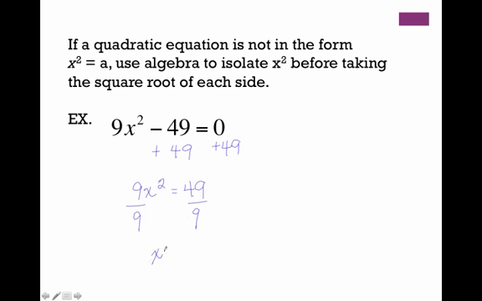So x squared equals 49 over 9. And therefore, to solve using the square root property, I know that x equals a positive or negative square root of 49 over 9, which I will simplify to x equals positive or negative 7/3.